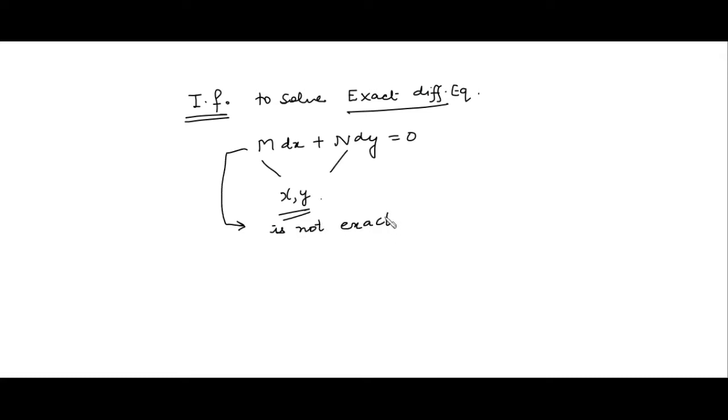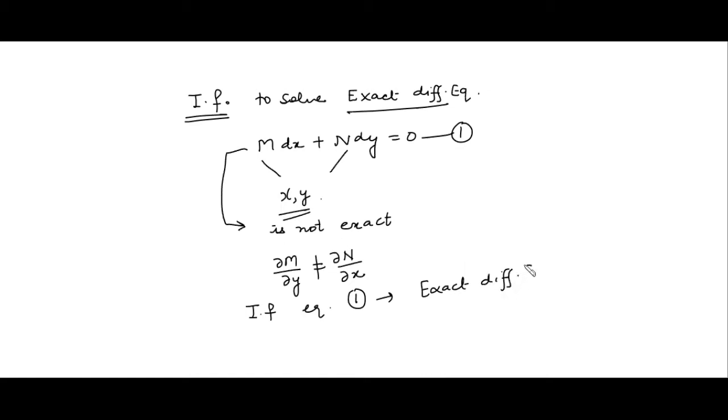Not exact means the partial derivative of M with respect to y is not the same as the partial derivative of N with respect to x. We have to find some integrating factor and convert equation 1 into an exact differential equation.